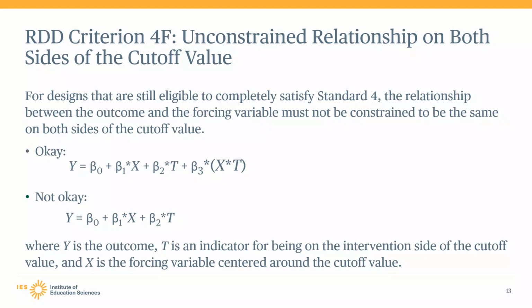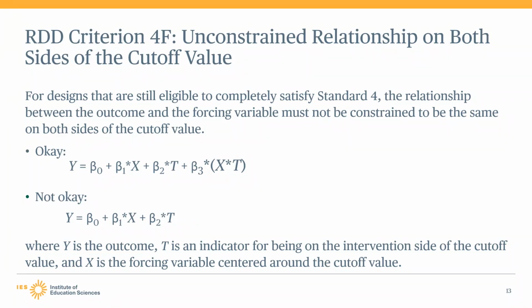As an example, a regression model where Y is the outcome of interest, X is the forcing variable centered around the cutoff value, and T is a dummy variable indicator for treatment assignment. The inclusion of a multiplicative interaction term between X and T, shown as beta 3 on this slide, would appropriately allow the outcome-forcing variable relationship to vary on either side of the cutoff.